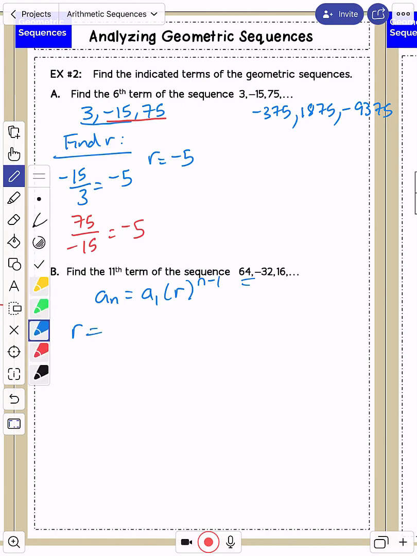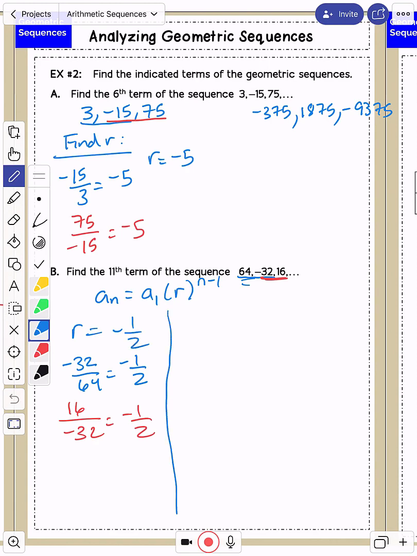All right, so I'm going to do my first pair. Minus 32 over 64 is minus a half. 16 over minus 32 is also minus a half. So I'm feeling good about it. r is equal to minus a half.